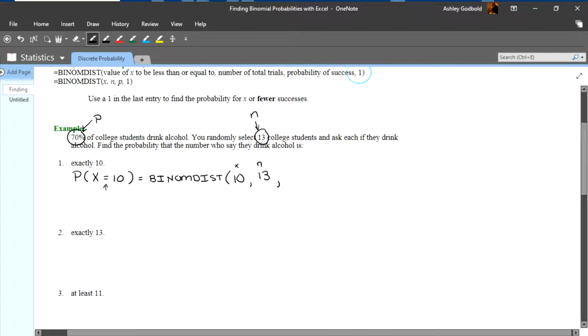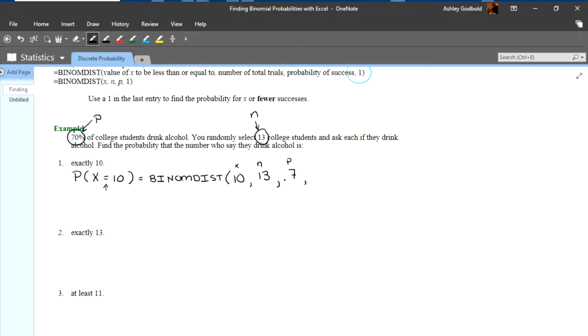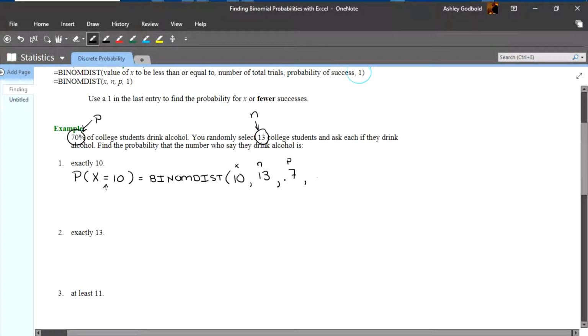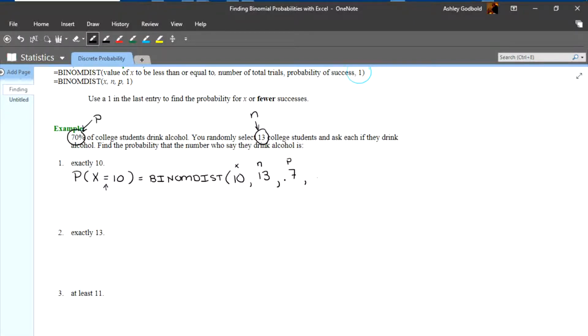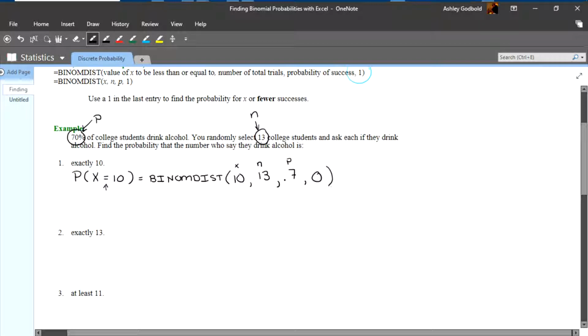Then the probability of a success, which is 0.7. Remember, in this case, we're considering them saying yes to be the success. And then the last number is, do you want this to be a cumulative probability, binomial probability? No. Okay. So let's see how this would work in Excel.